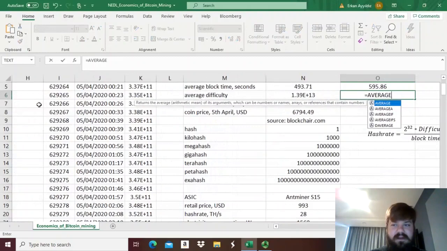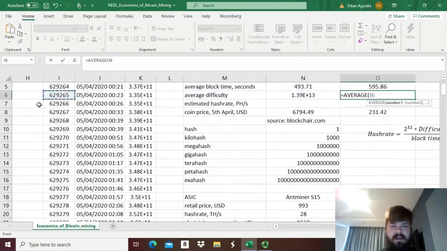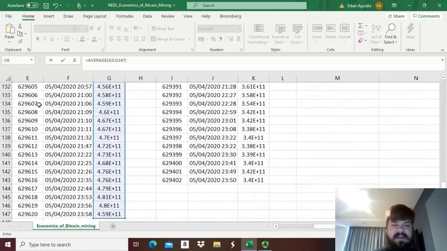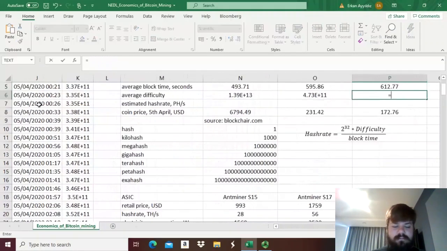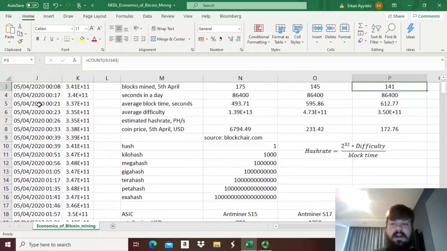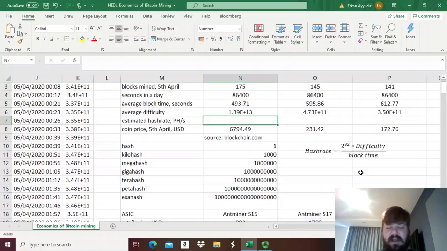But for Bitcoin Cash and Bitcoin SV, that would basically reflect those changes that happen every single block. And now we can apply this formula to estimate the hash rate.